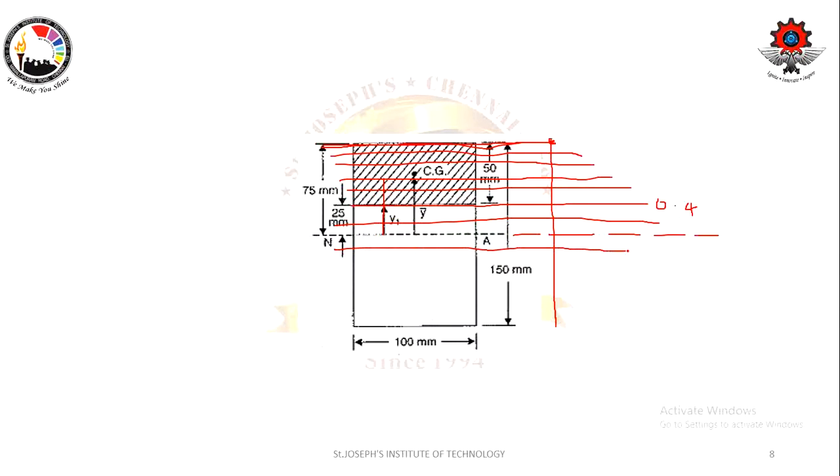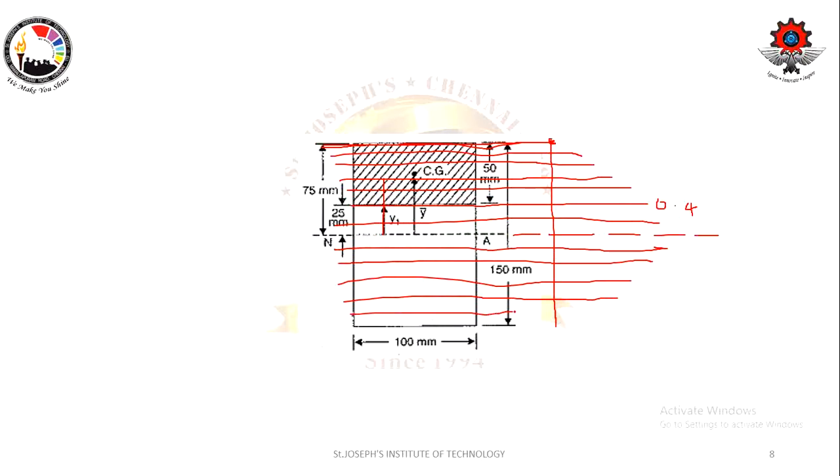Since this is a symmetrical section, whatever is occurring on the top side of the neutral axis, the same is replicated on the other side of the neutral axis also, right? Unless it is not symmetrical, we are least bothered about what is happening.